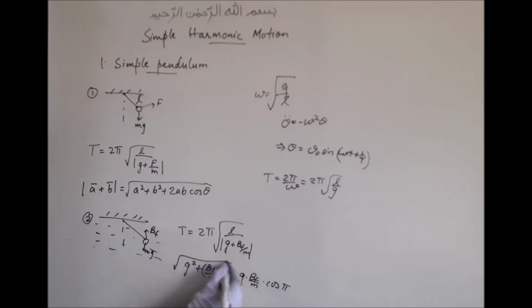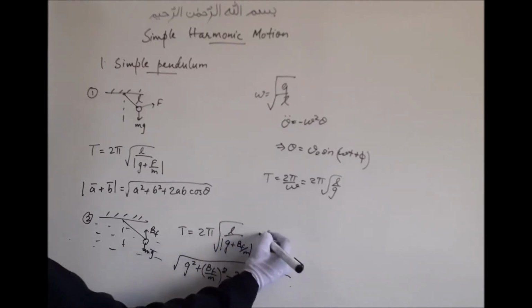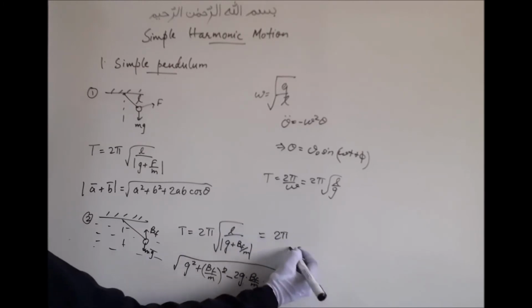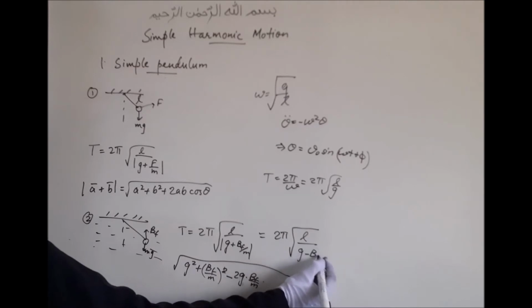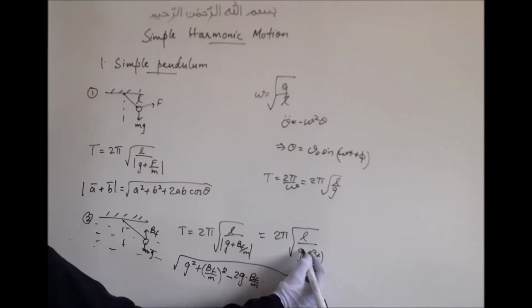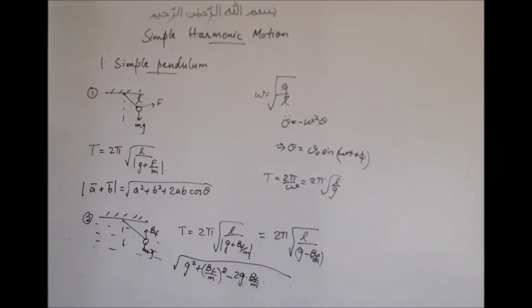This is the denominator part. Cos pi is minus 1, this will be G minus Bf upon m the whole squared, root of that. This is going to be 2 pi root of L by G minus Bf upon m. This is going to be the time period in this case.